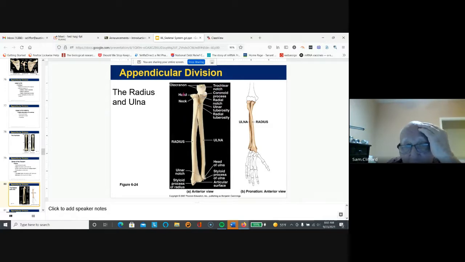So focus on the head, neck, styloid process right here, and know which bone is the radius and which is the ulna. This allows rotation of your wrist and to put your hands in various positions as these bones rotate and change their position.